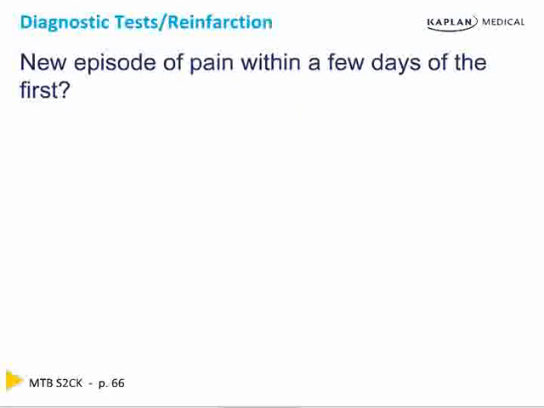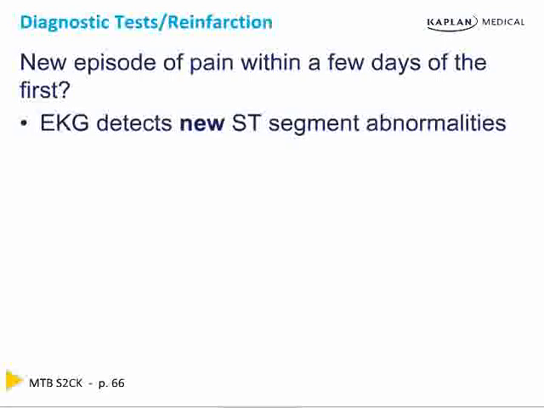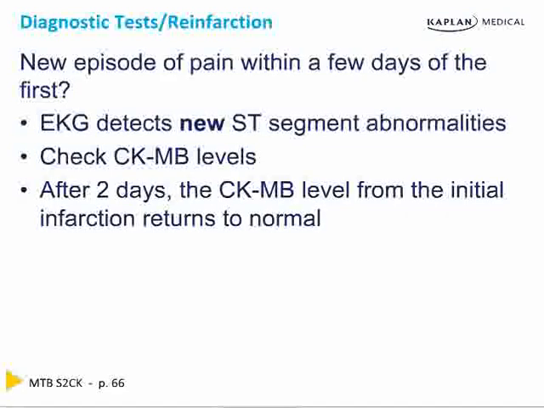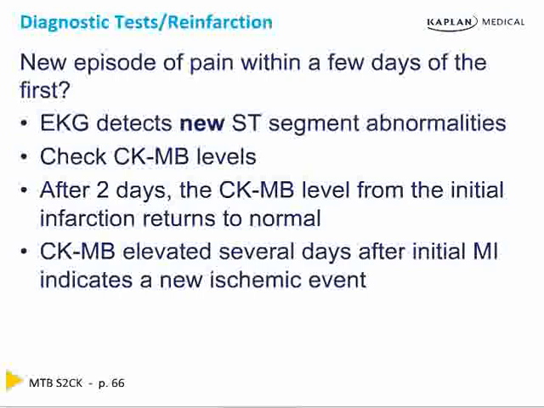When you have a new episode of pain a few days later, the first thing is the EKG. Although we said that you should check the CK-MB levels, remember, all new onset pains or changes in pains should get an EKG first, because the CK-MB should have returned completely to normal in 2 days.